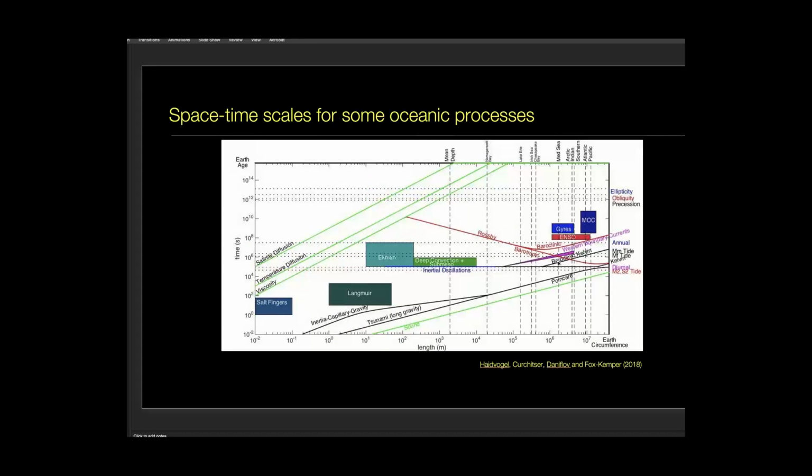Here's a figure from a paper, again, assuming that I have a broad audience, that maybe not everybody is thinking about the ocean. This is time on the y-axis versus space on the x-axis from a recent paper we did. These are common figures that you probably have all seen before, going back all the way to Stommel.